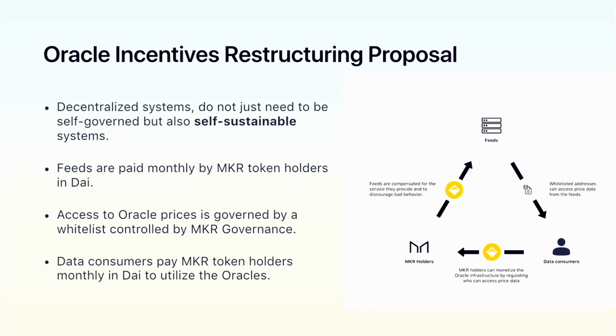So in multi-collateral Dai, we have this buffer, which we call the surplus buffer, and all of the stability fees that are generated from outstanding Dai loans go into that buffer. So we created this proposal that MKR token holders will use some of that surplus to pay the fees. So now the feeds have an incentive to keep running even if the foundation disappears tomorrow.